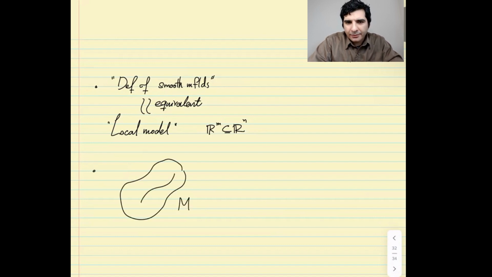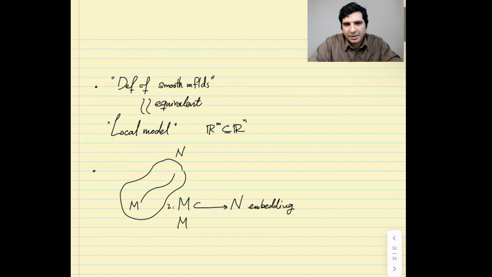That if M is a submanifold sitting inside N, and this inclusion is an embedding, it definitely is the case that for any point x you pick on M, it has a small open neighborhood. So for every x in M, let's say this is x, there is some small open neighborhood U. U is an open neighborhood in N, which contains x.